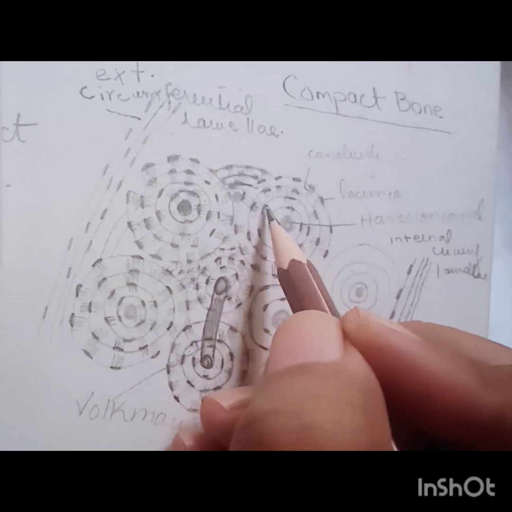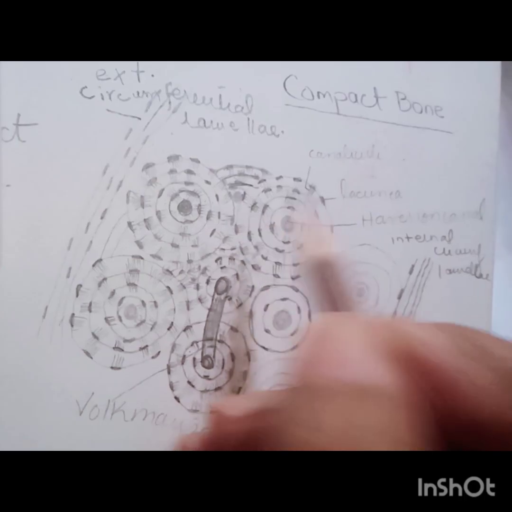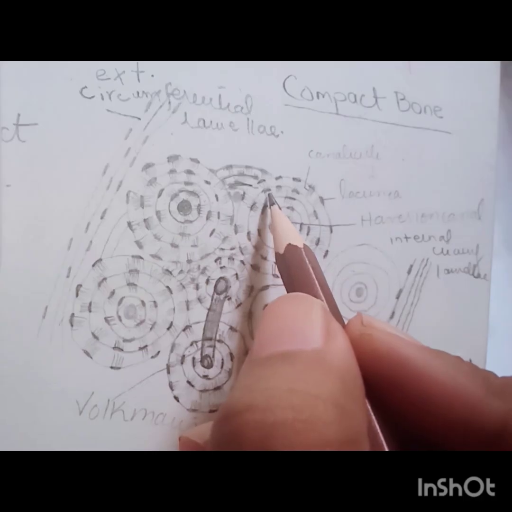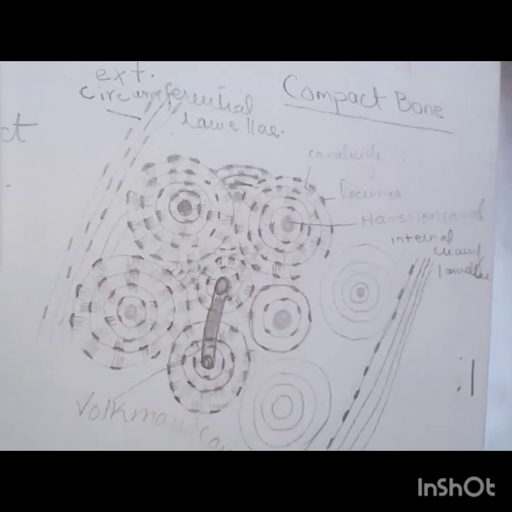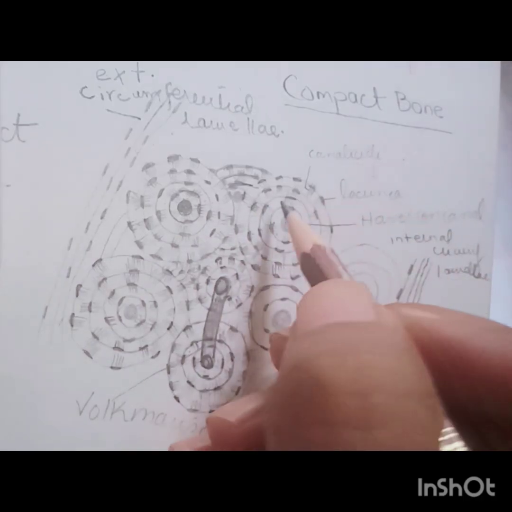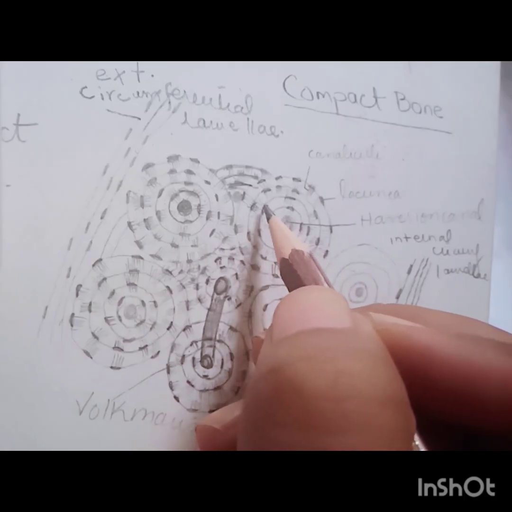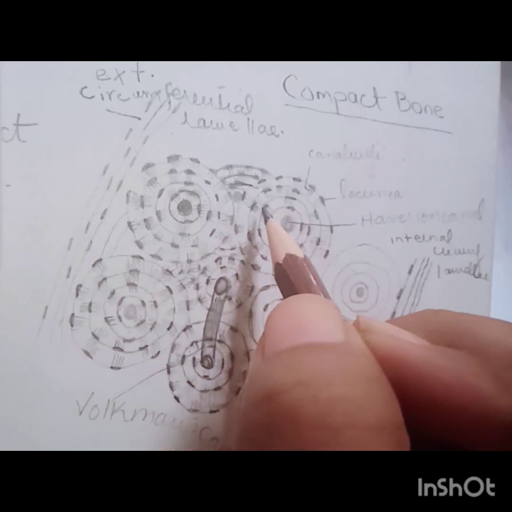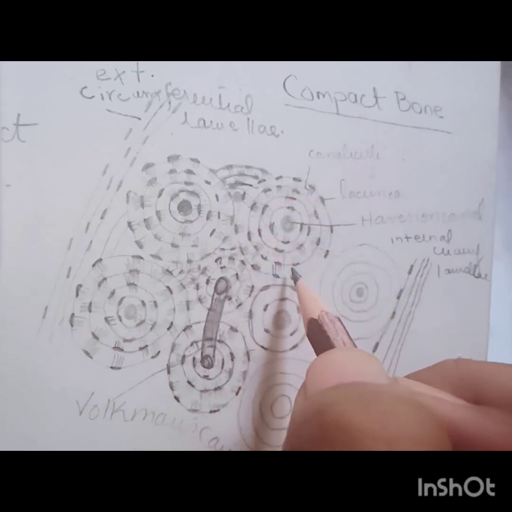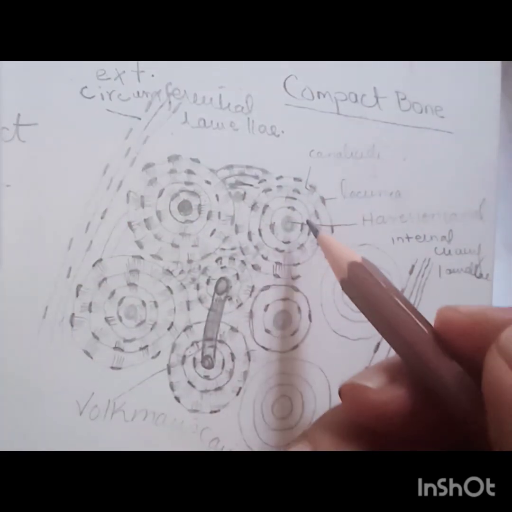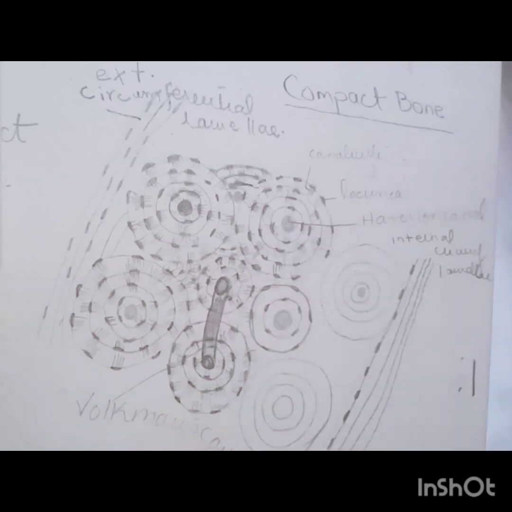They are basically meant for the anastomosing of the pseudopodia, or the processes of the osteoblasts, which were communicating with each other and messaging each other during the process of bone formation. In the dried section of the bone, the canaliculi, the lacunae, and the Haversian canal system are empty. They don't have anything within them.